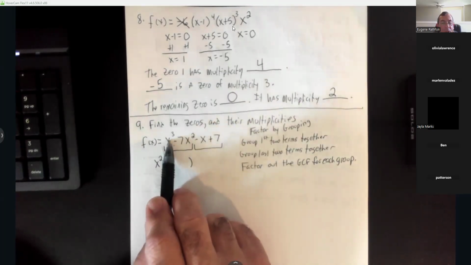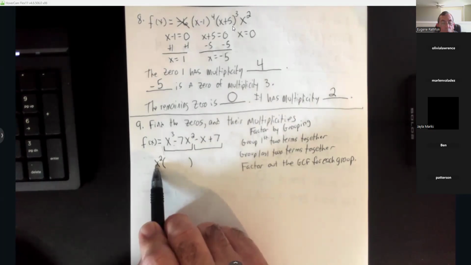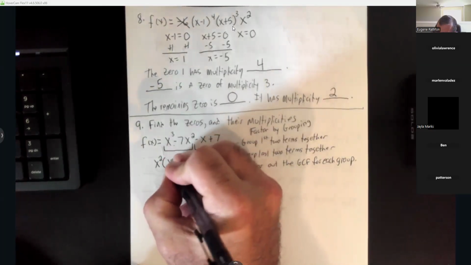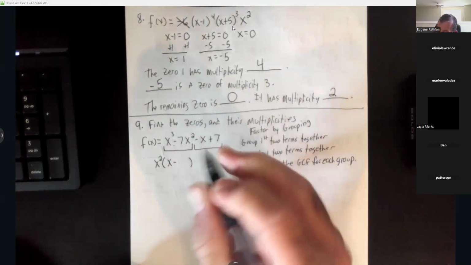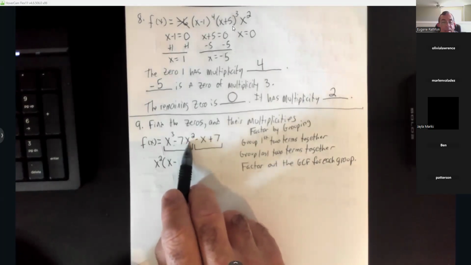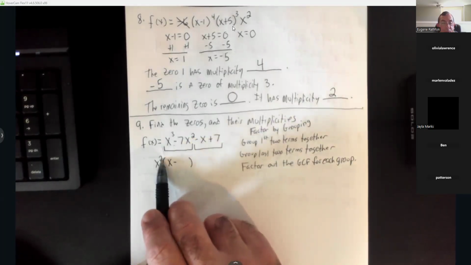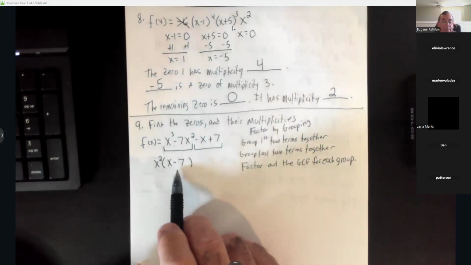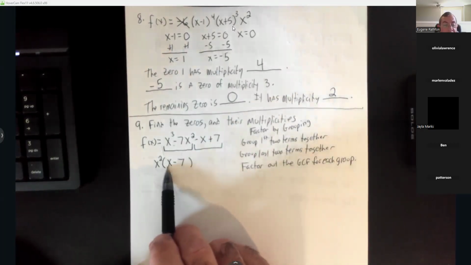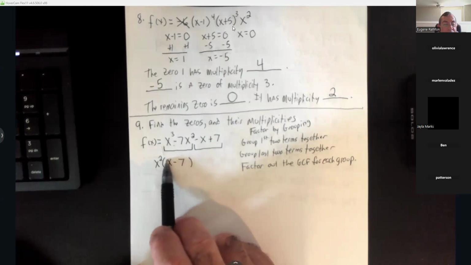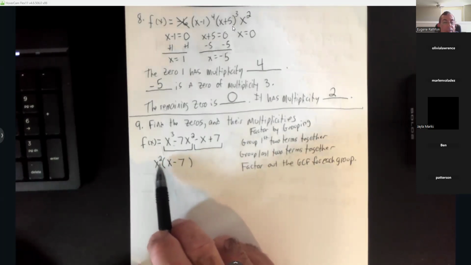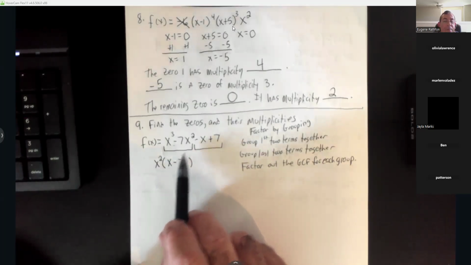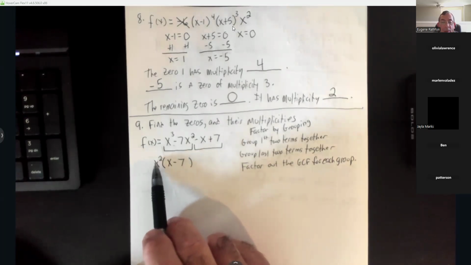So if you had an x cubed, you factor out an x squared. That's going to leave you an x minus. If you had a 7x squared and factor out the x squared, you're left with a 7. Now, if you notice, x and 7 don't have nothing else in common. So that's the greatest common factor on the first two, an x squared.